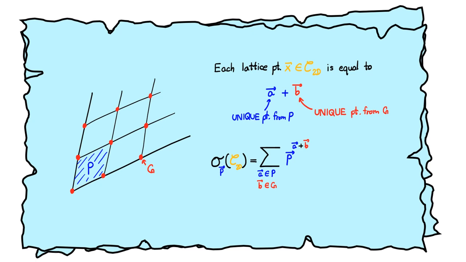In other words, it is just the sum of all possible pairs of products taken from our sigma of P and the sigma of G. Hence, this is just the product sigma P times sigma G.